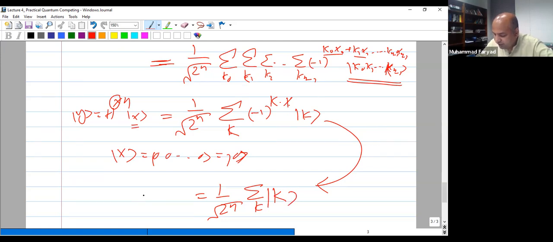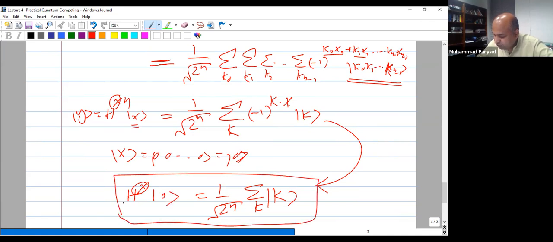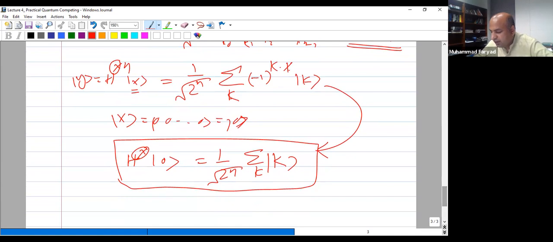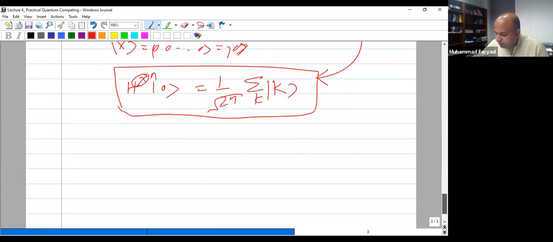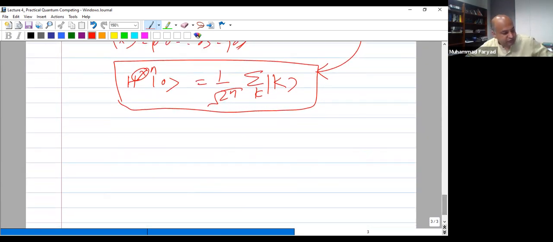So it means that the Hadamard transform of the 0 state is the uniform superposition with all amplitudes plus 1. So in general, the amplitudes could be with some with minus sign, some with plus sign, but for 0 input and Hadamard, all the amplitudes are plus 1. So this is how we can work out the Hadamard transform that we will use for the Deutsch-Jozsa algorithm.